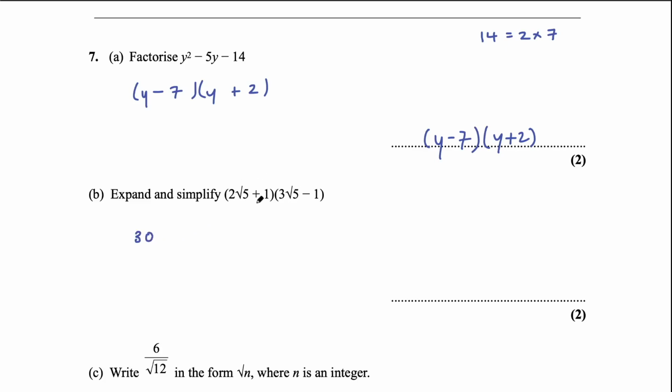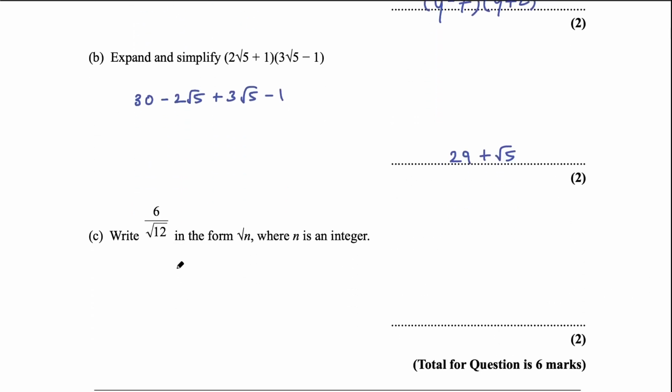So my first term there is actually going to be 30. 2√5 times negative 1 is negative 2√5, plus 3√5. 1 times negative 1 is negative 1. Then if we simplify this, negative 2 lots of √5 plus 3 lots of √5 is just 1 lot of √5. 30 take 1 is 29. So overall, I'll have 29 + √5 here for a final answer.